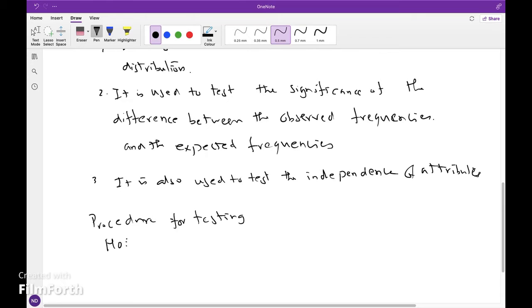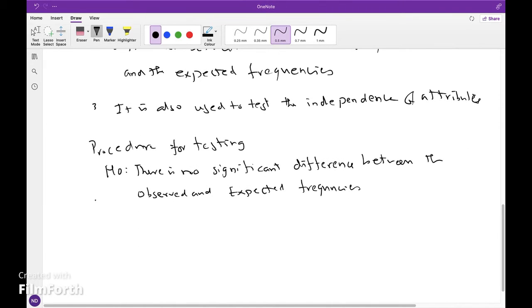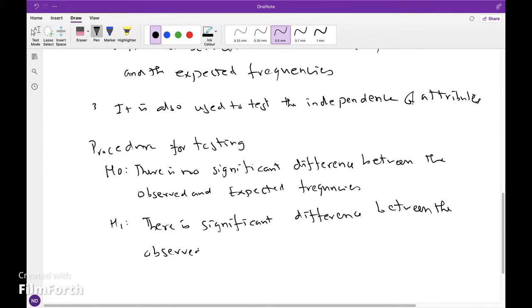First, form the null hypothesis: there is no significant difference between observed and expected frequency. Alternative hypothesis: there is a significant difference between observed and expected frequency.